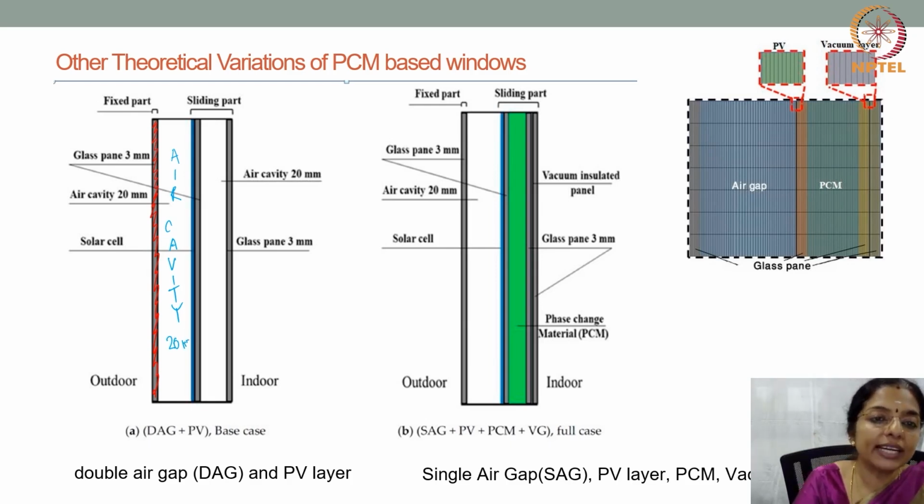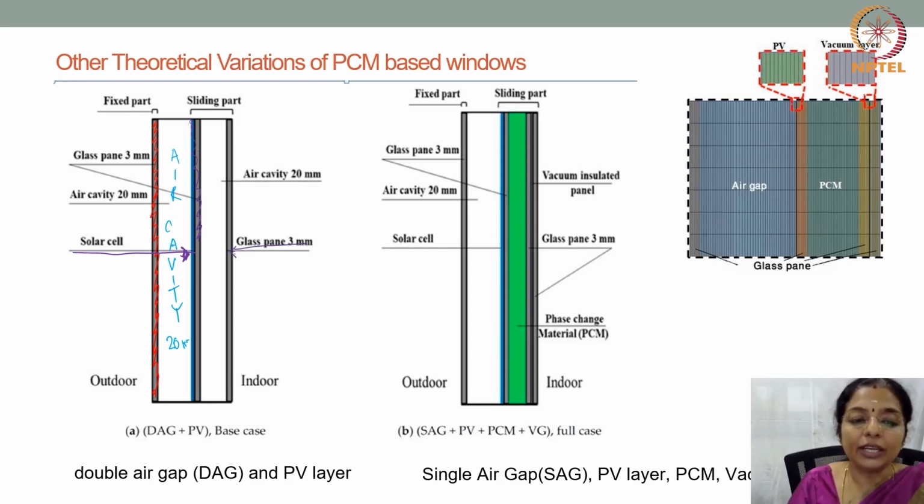So this next glazing has a solar film to it, and then again you can have this glazing here, and you can have an air cavity again here, or a PCM, or it can only be an air cavity, and then you can have the glass pane.